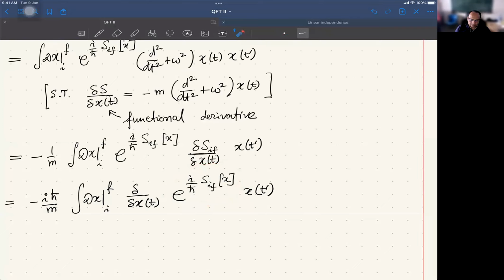So that i by ħ will cancel with this. This is a plus sign because if it acts on this, it will bring down an i by ħ times δS/δx, and i by ħ multiplied by iħ should give you minus. So I need a plus here.